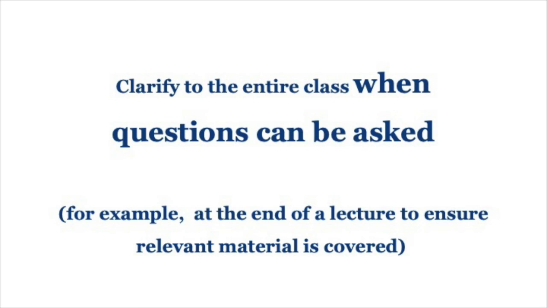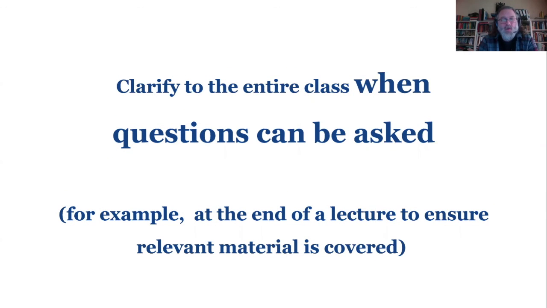The next tip is to clarify to the entire class when questions can be asked. For example, at the end of a lecture, to ensure relevant material is covered. Because these social rules aren't explicit, because they're not as easily understood as most people think they are. An autist can spend the entire class stressing about whether they should be asking questions now.